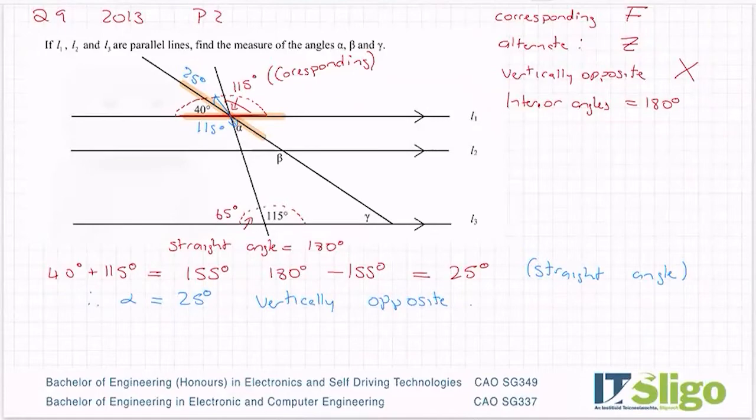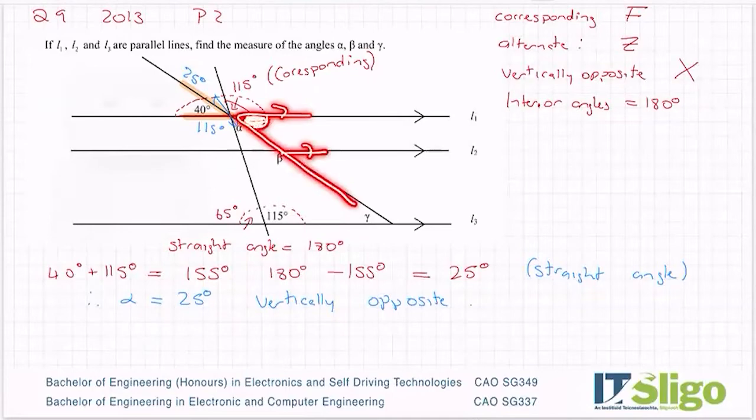Okay, so the next one I'm going to do is beta. Let's see what we can do here. I see straight away an F between these two lines.